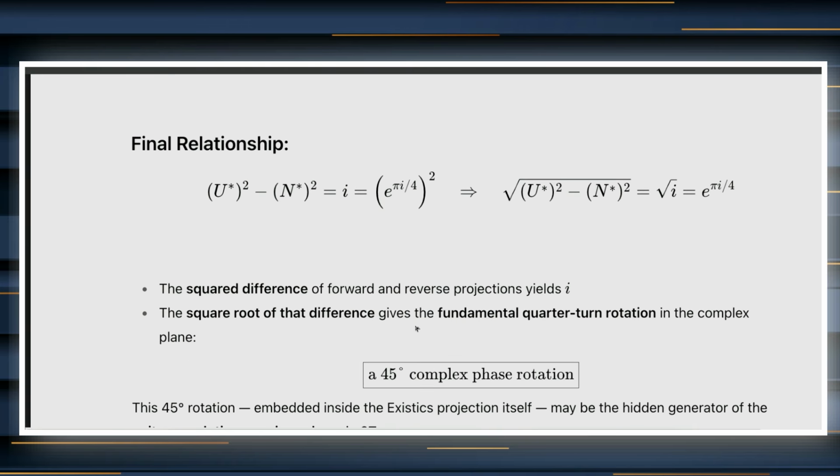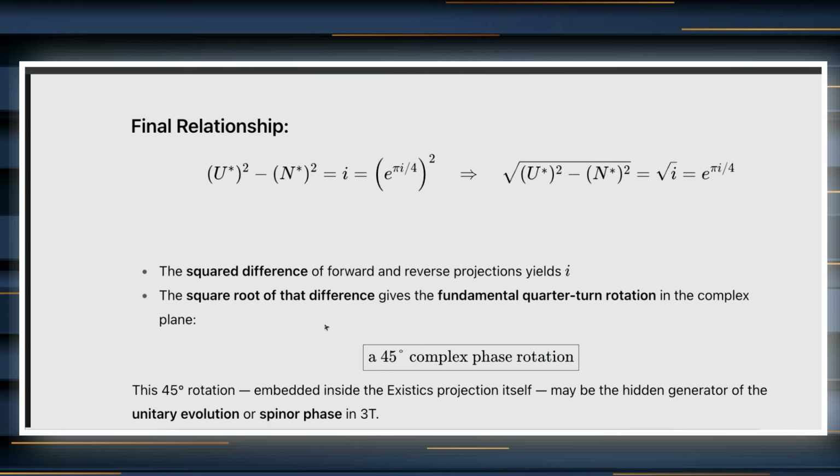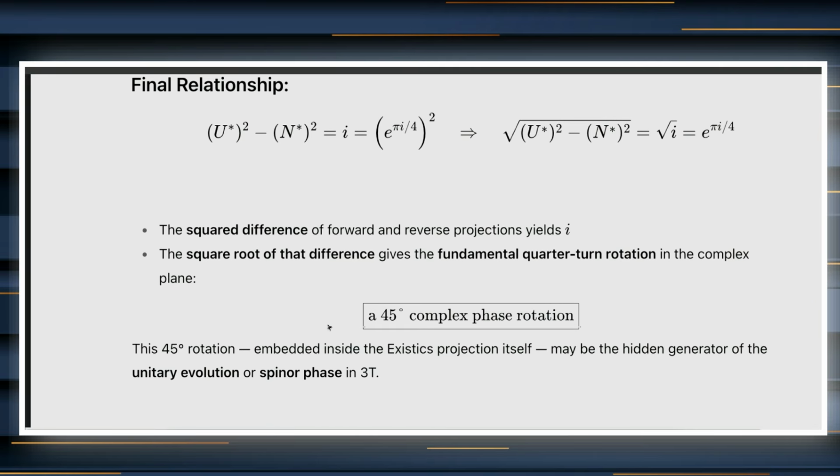The squared difference of the forward and reverse projection yields I. The square root of that difference gives the fundamental quarter turn rotation in the complex plane. This 45 degree rotation, embedded inside the Existics projection itself, may be the hidden generator of the unitary evolution or spinor phase in 3T. So, in essence, what we've been able to derive by plugging the imaginary into the Existics equations is a mechanism for deriving the evolution of time from a fundamental and quantum level.